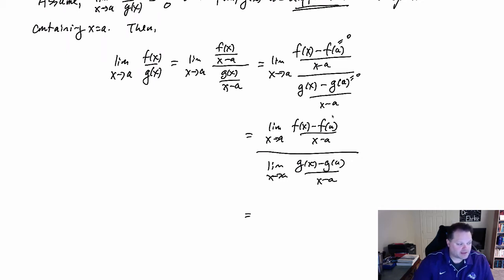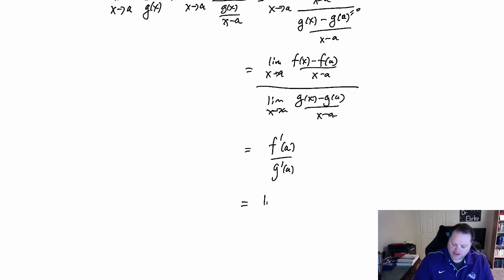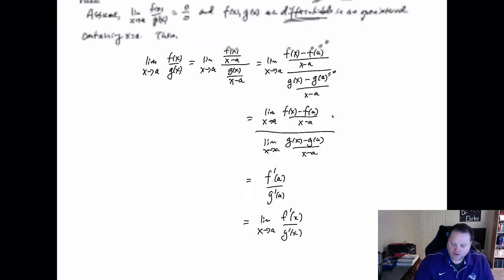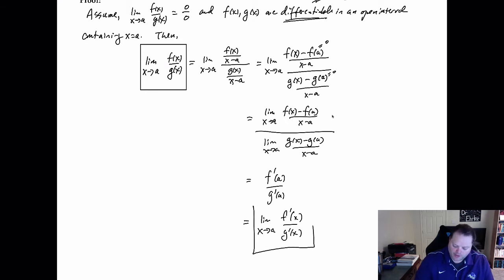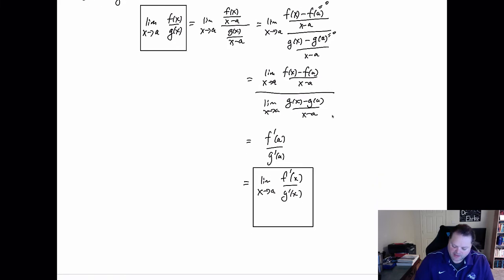So the way to write this is f prime of a over g prime of a, which is the same thing as saying the limit as x goes to a of f prime of x over g prime of x. So what we have here is a situation where I can exchange the original limit with the limit of the ratios of the derivatives instead and maintain the limit answer.